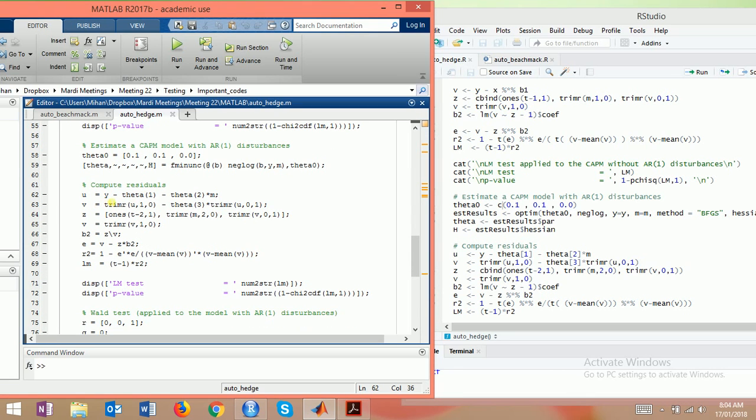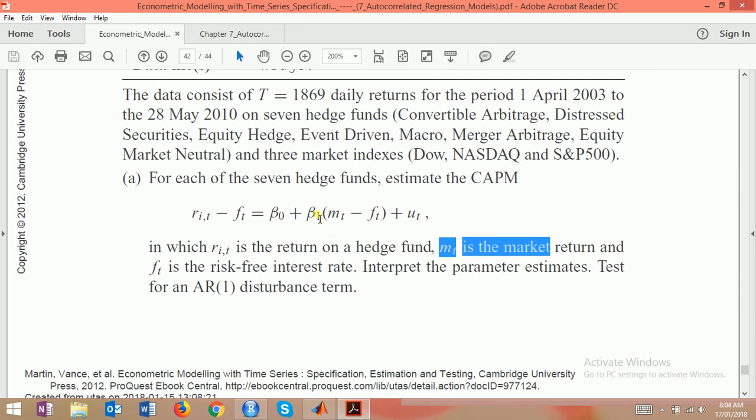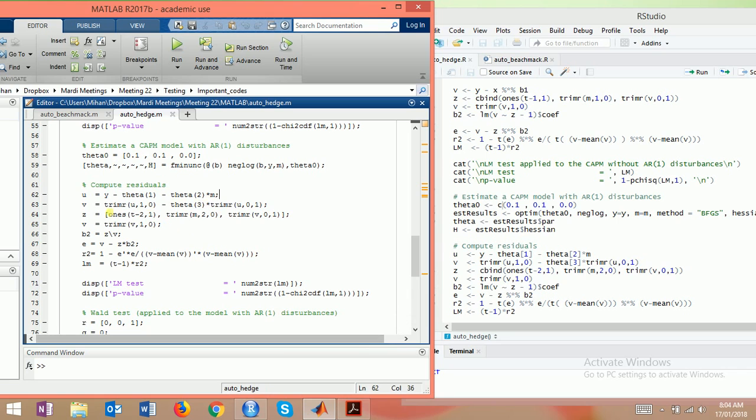So now we compute residuals U, Y minus theta 1 minus theta 2 M. M is with beta 1, so Y minus theta 1. We trimmer U10, theta 3, trimmer U01, beautiful. Theta 3 is rho. Then allow Z to mess things up. T minus 2, then trimmer first, trimmer V01, V10.